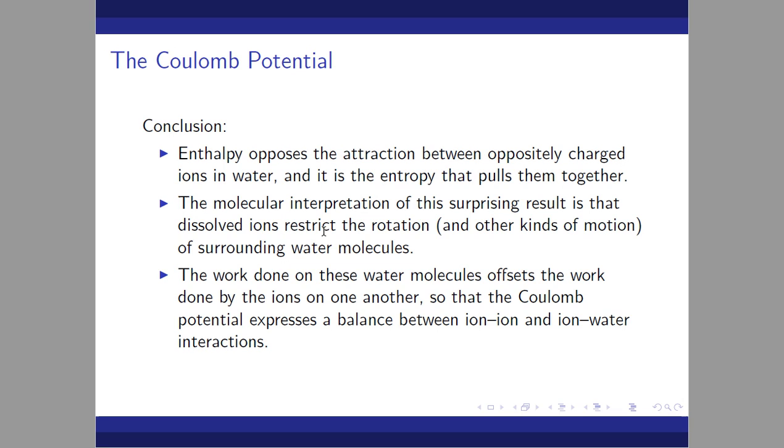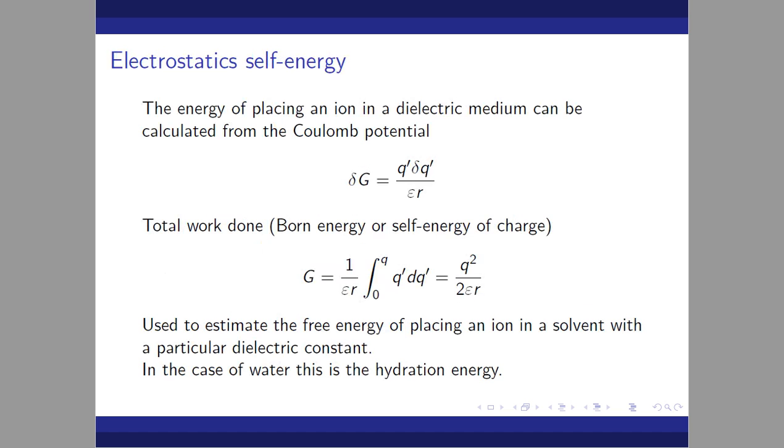It will form hydrogen bonds with the water, so it will restrict the rotation of the water molecule. The work done on this water molecule offsets the work done by the ions on one another, so that the Coulomb potential is expressed as a balance between ion-ion and ion-water interaction. So that is the Coulomb potential.